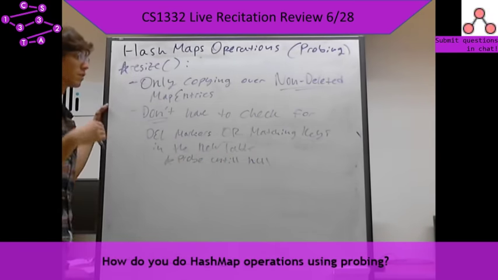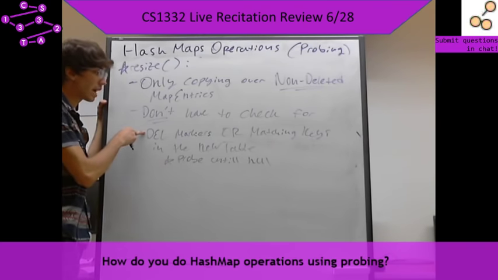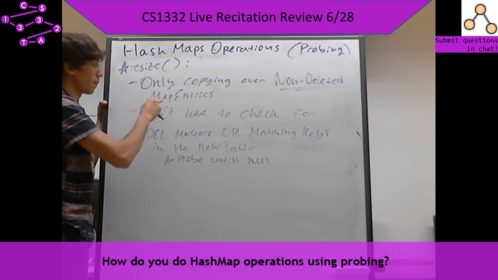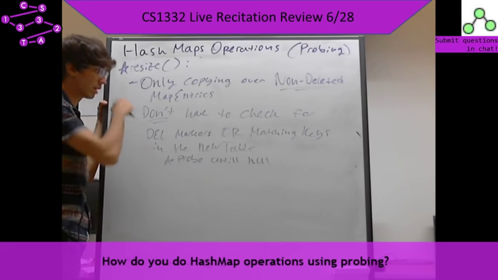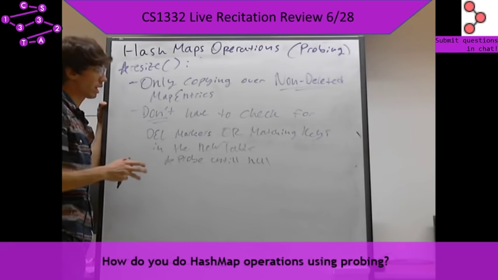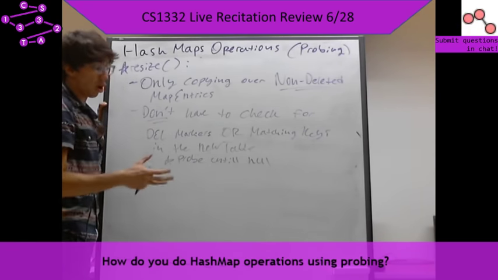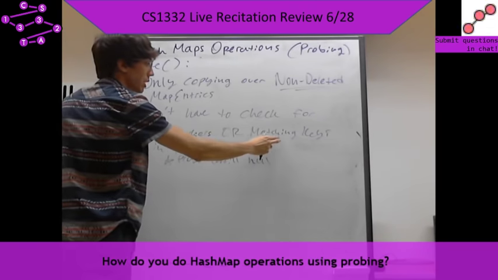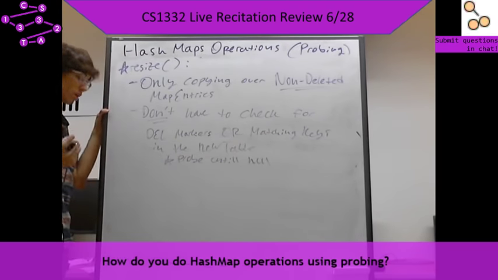And the reason being is that this new table that we're populating, we're deciding not to put any deleted map entries in there. So we shouldn't come across any of these. And because we're calling resize on a hash map that is already a valid hash map, we shouldn't have any matching keys. So we don't have to worry about this at all.